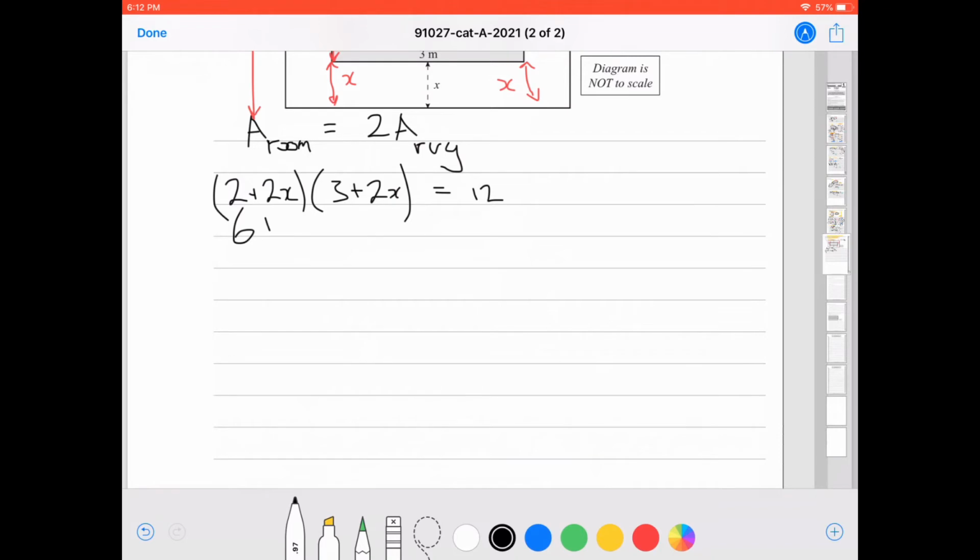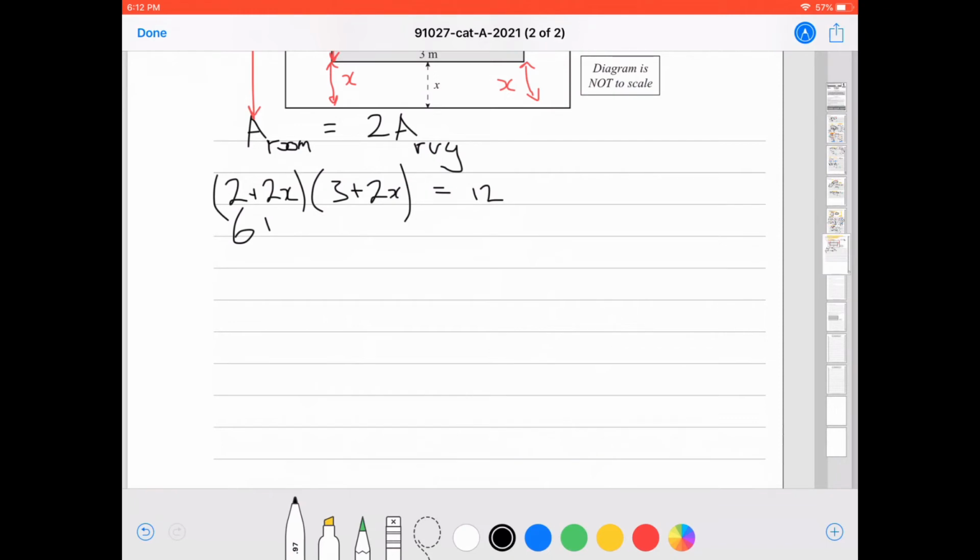We want to put it in quadratic form, so ax squared plus bx plus c. Take everything to one side. Let's take the 12 to the left-hand side. We're going to say 4x squared plus 10x, and then 6 minus 12 is minus 6. And that equals 0.